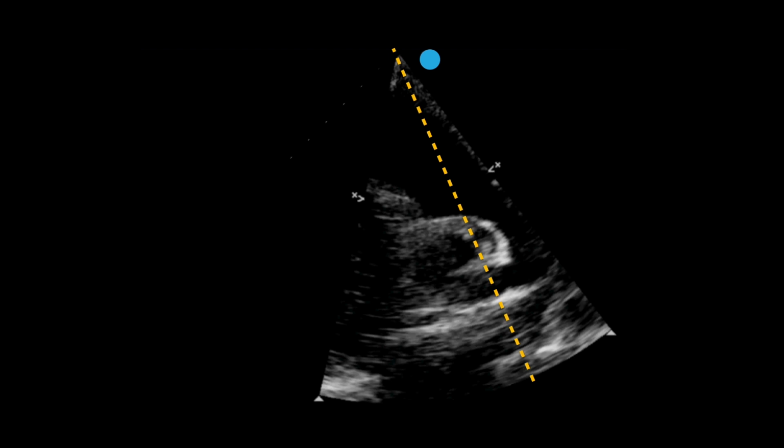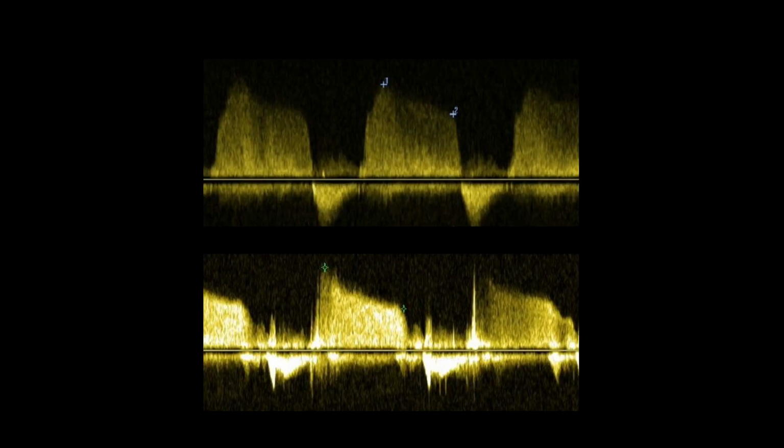If a pulmonary regurgitation jet is visible, it will appear as a predominantly red jet above the pulmonary valve during diastole. You will want to measure the velocity at the end of the pulmonary regurgitation trace.